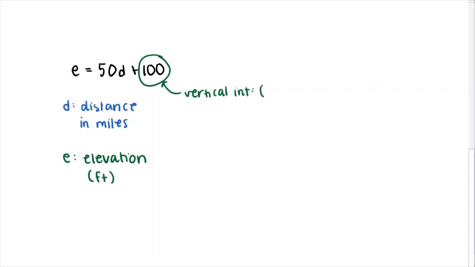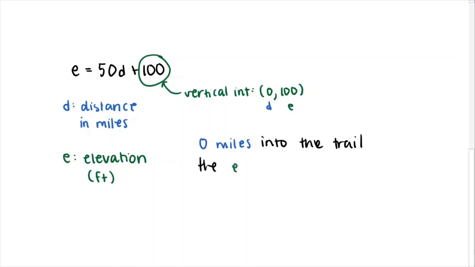It's the point (0, 100). When d is equal to 0, e is equal to 100. And in words, this means that 0 miles into the trail, the elevation is 100 feet.